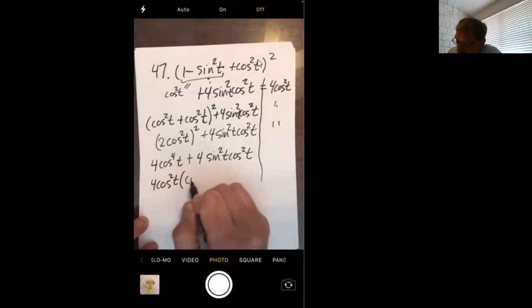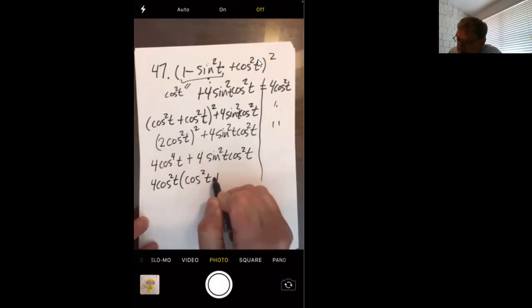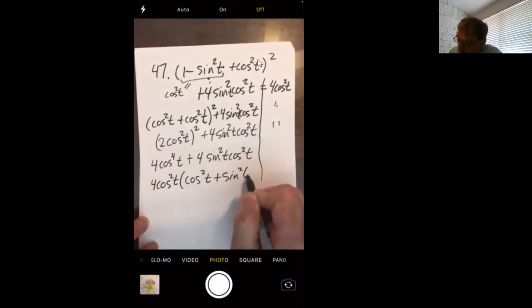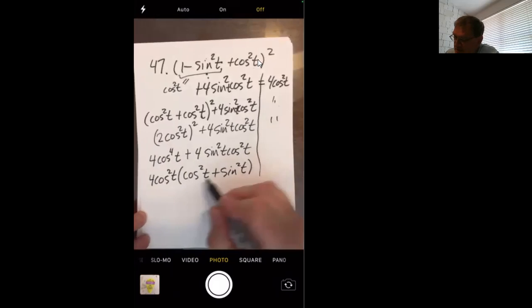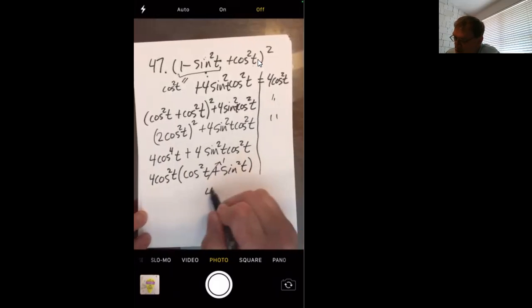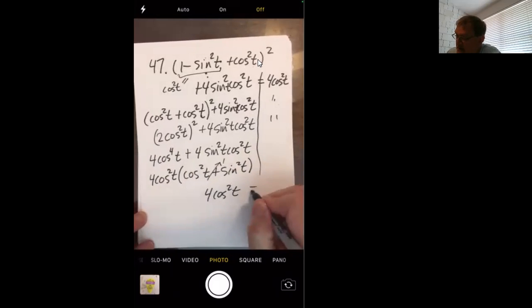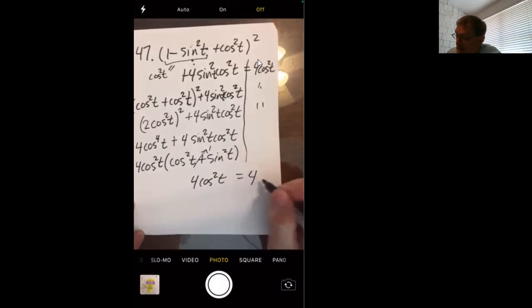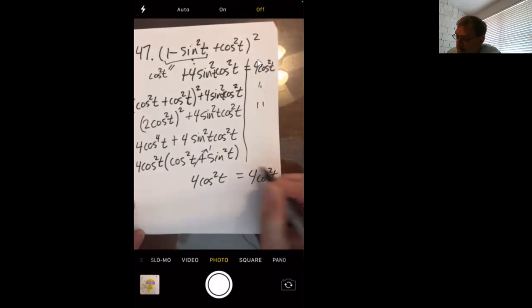I'm left with cosine squared of t, add a sine squared. And sure enough, cosine squared plus a sine squared is 1. 4 cosine squared of t times 1 is this. And on the other side, 4 cosine squared of t.